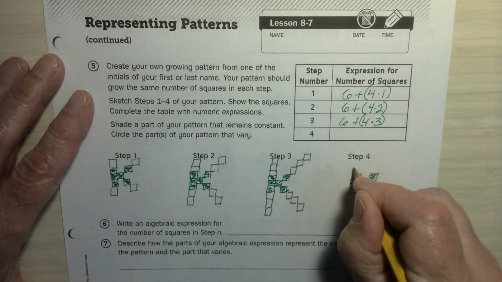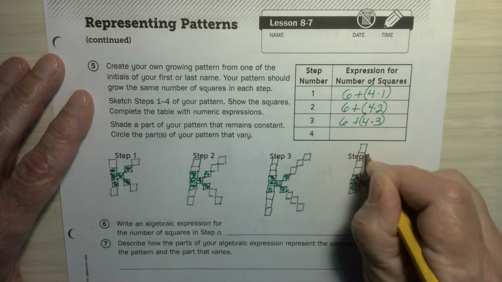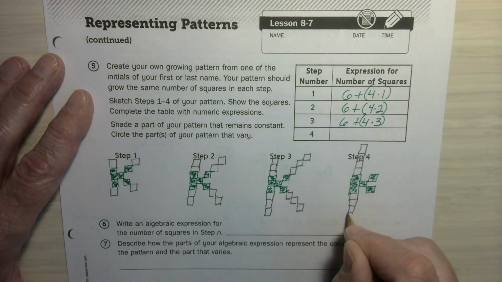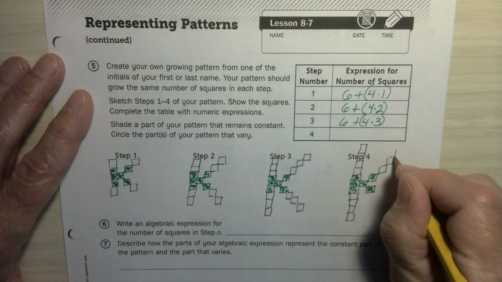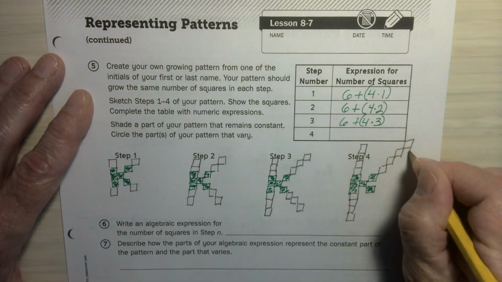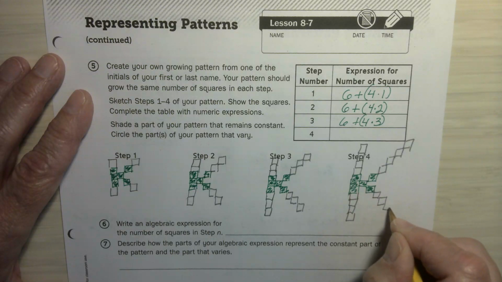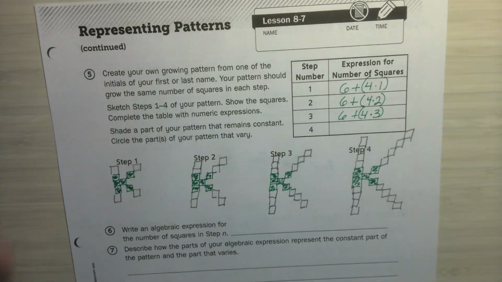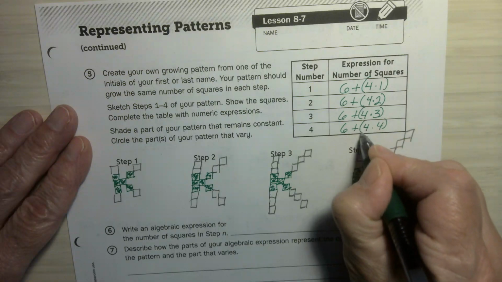Or no, 4. 1, 2, 3, 4. 1, 2, 3, 4. 1, 2, 3, 4. 1, 2, 3, 4. Whew, we got that one all done, didn't we? And that one's going to be 6 plus 4 times 4.